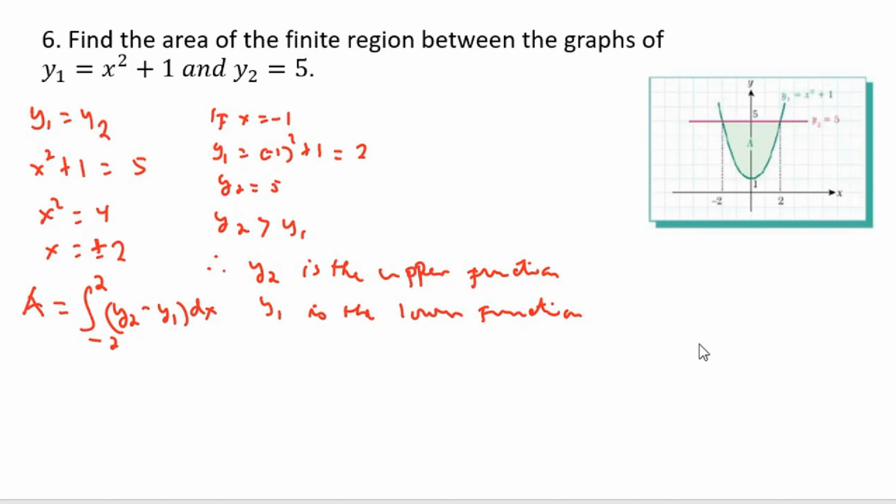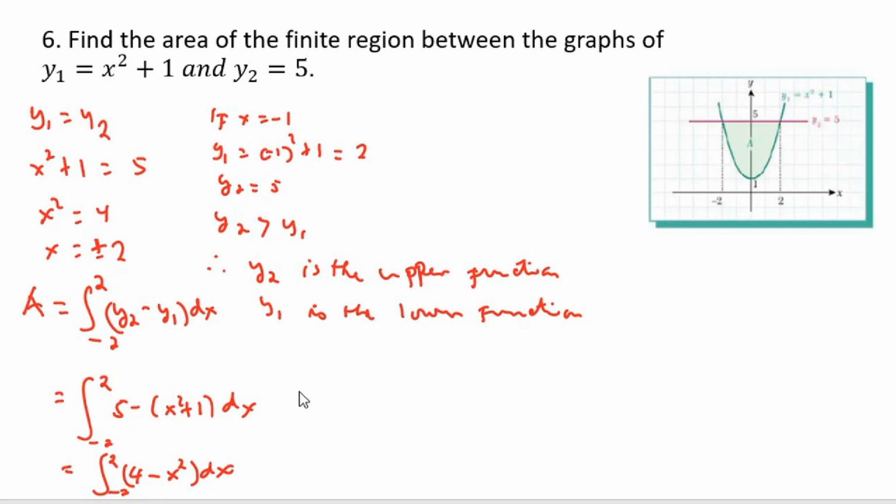Now, by substitution, let us simplify our integrand. So we have the integral of y sub 2, which is 5, minus x squared plus 1, of dx, evaluated from negative 2 to positive 2. By simplifying that, we can write it as the integral of 4 minus x squared of dx from negative 2 to positive 2.